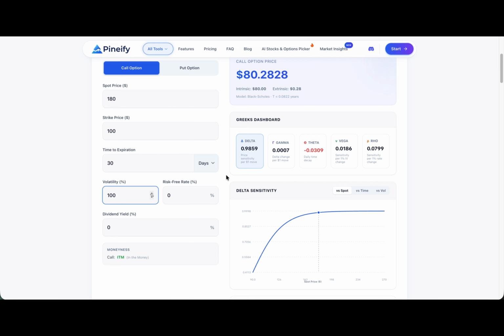And so at this point in time, with 100% volatility, we are talking about those very small companies, those highly volatile tech companies, or for example, ETFs with leverage.